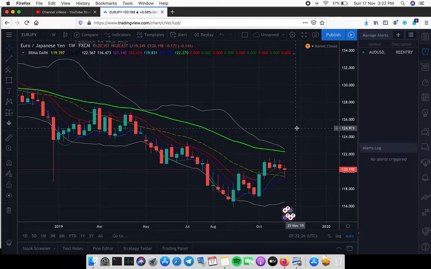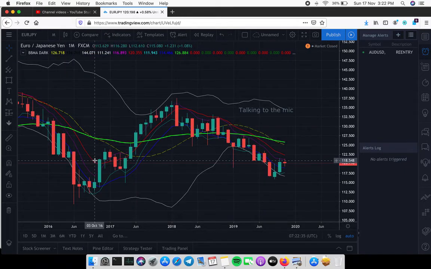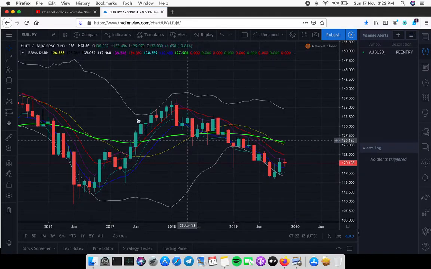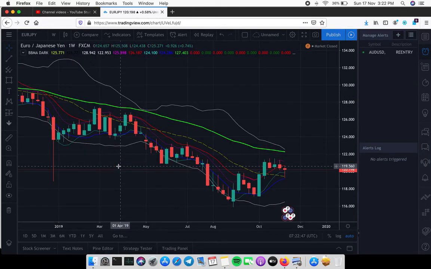Euro JPY is, I'm sorry, Euro JPY is re-entry zone on monthly, and weekly is re-entry buy. So potentially Euro JPY will continue to move up until it reach the monthly re-entry zone.